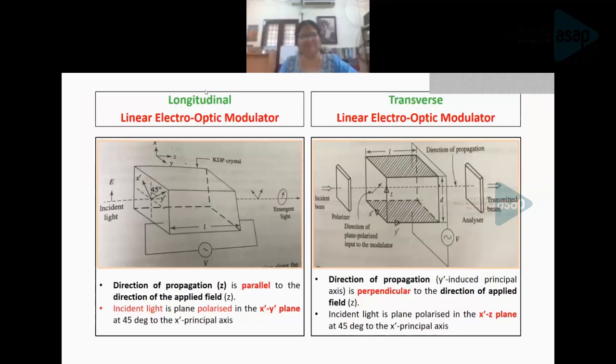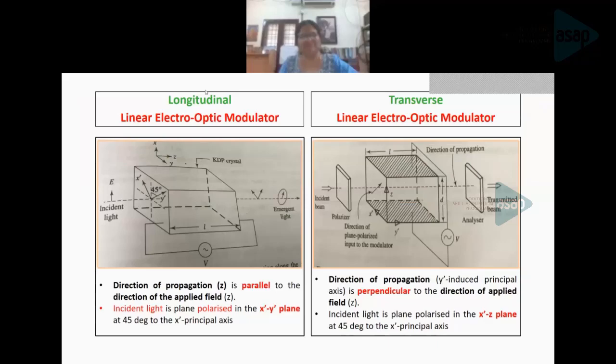Now, birefringence. I already told that in the longitudinal case, the refractive index is changing along X prime and Y prime direction because input light is polarized in the X prime Y prime direction. So the changes are in these two cases.